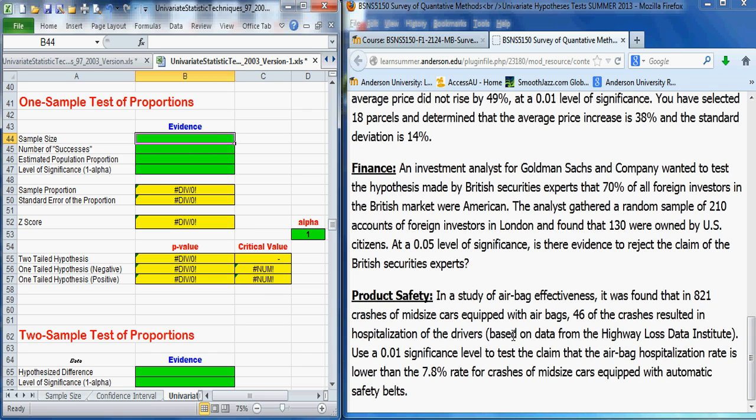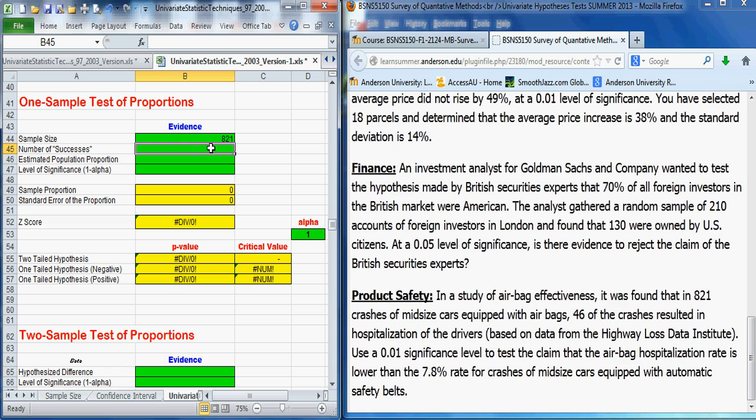Okay, the sample size in this case, a total of 821. The number of successes, in this case successes is defined as hospitalization of drivers. That's what we're interested in. That's what we're calling a success.